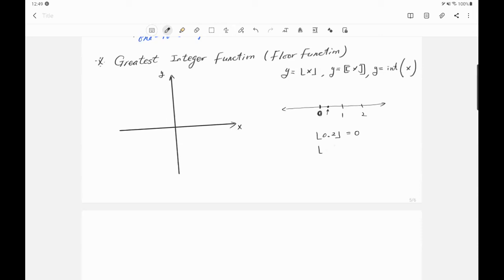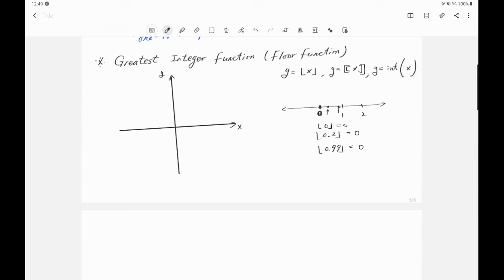So if you have 0.99, then the largest integer that is less than or equal to this is what? 0, right? So any number between 0 and 1, and 0 itself, gives 0, because 0 is an integer.